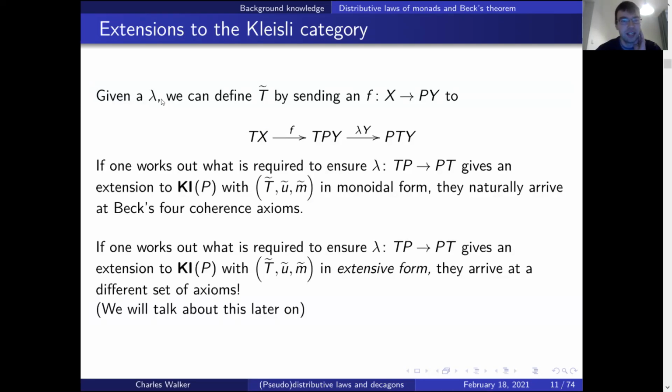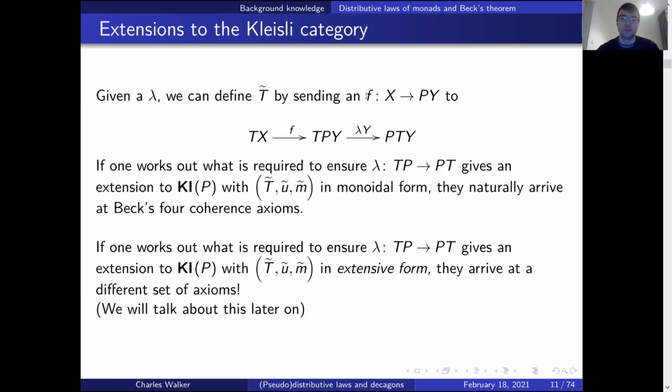Right, so if you're given a lambda, you can define T twiddle by sending a map F from X to PY to this map TX to PTY. So I just remark that, in the Kleisli, this is an arrow from X to Y, right? And in the Kleisli, this is an arrow from TX to TY. Right, so we're just defining what T twiddle does.